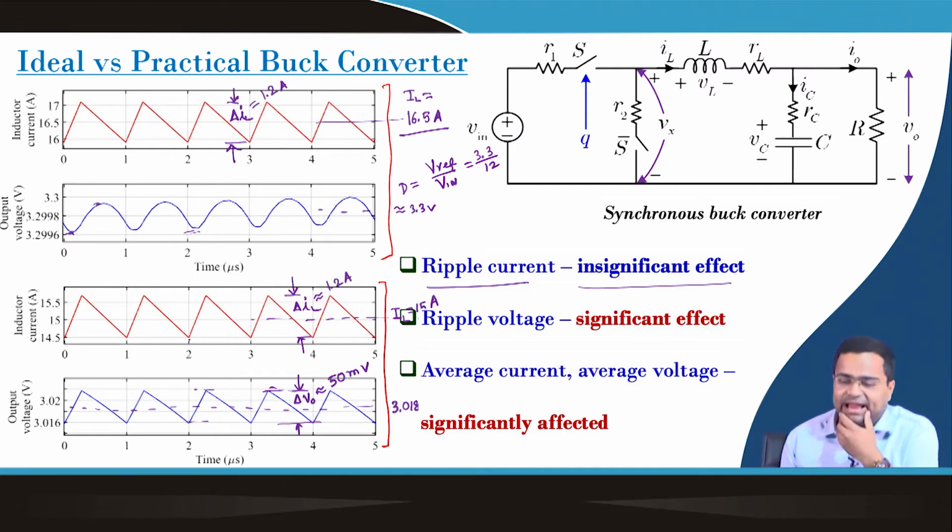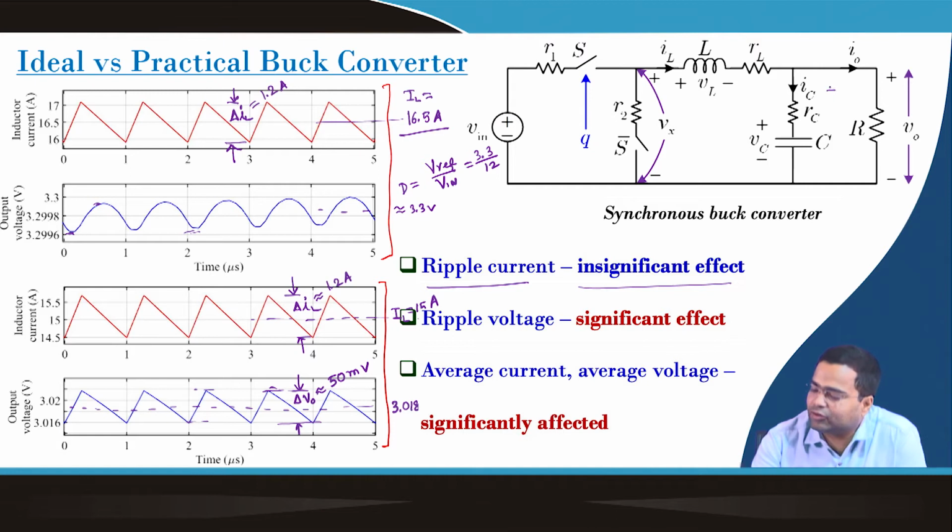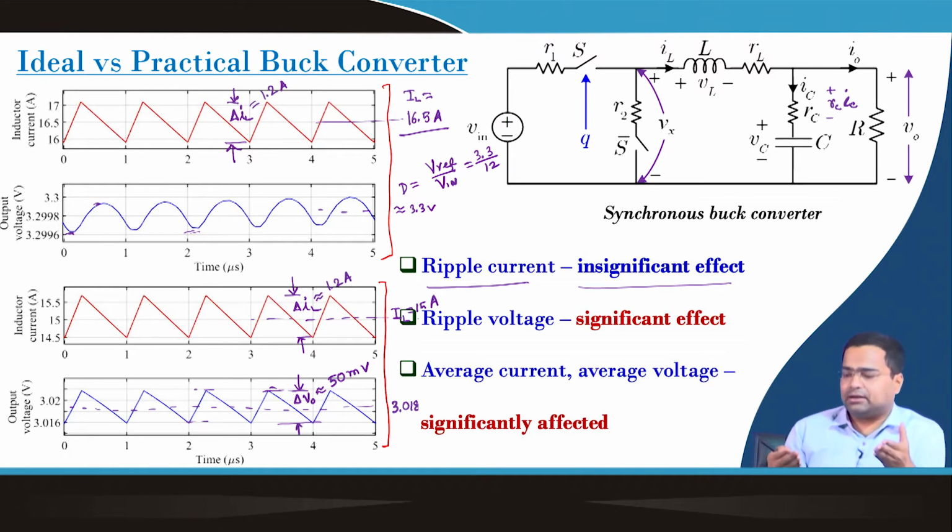It clearly indicates that the contribution of the ESR times IC is now the dominant effect. Since the capacitor current carries the ripple of the inductor current, because we assume the load current to be constant, the ESR times the ripple inductor current will appear in the output voltage as a dominant effect, and that is why it is in phase with the inductor current.